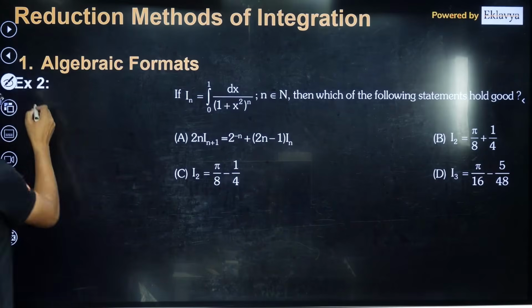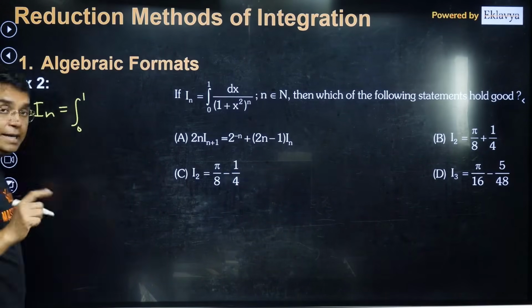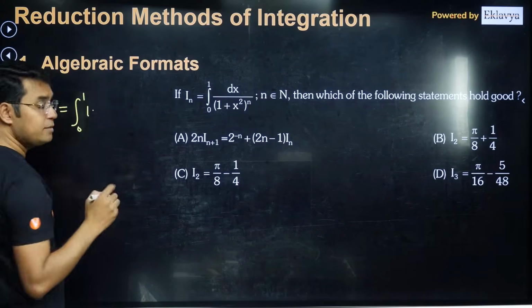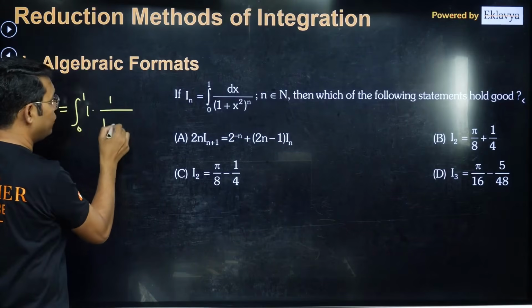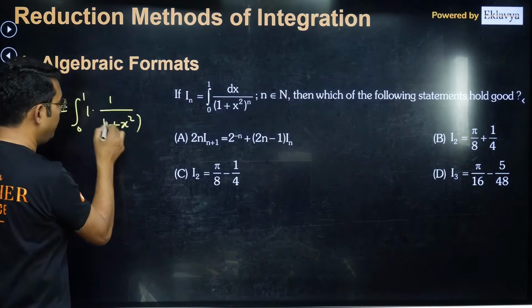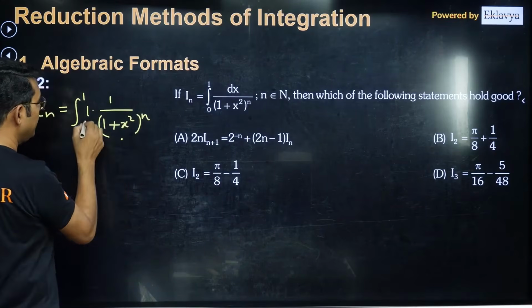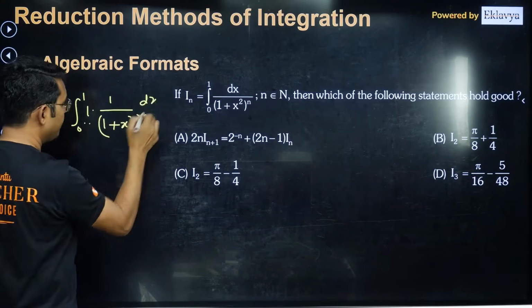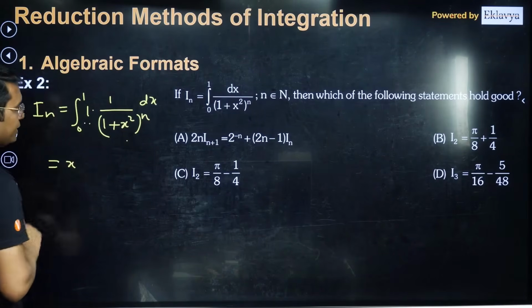In this method also, it will be done with the help of integration by parts. I can take 1 as the second function, and 1 upon (1 plus x square) whole power n as the first function. This is first function, this is second function dx. Then 1 will have integration as x.